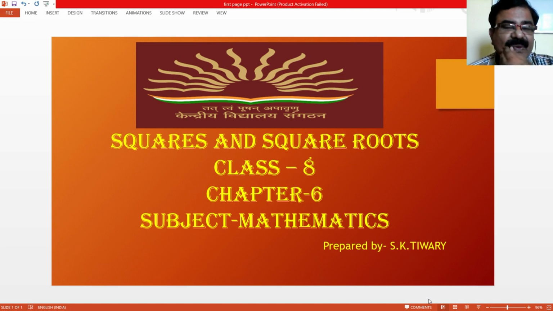By knowing this, we should also understand and identify which number is a perfect square. One by one we will study this. So let us start squares and square roots.